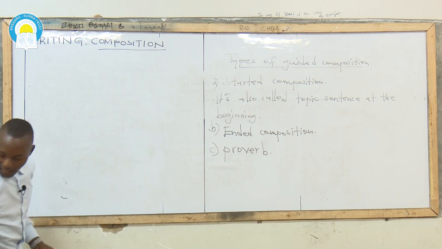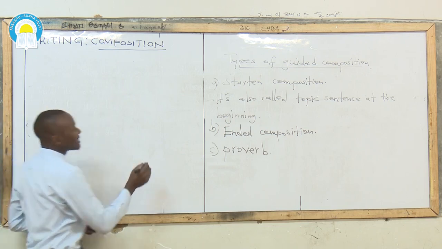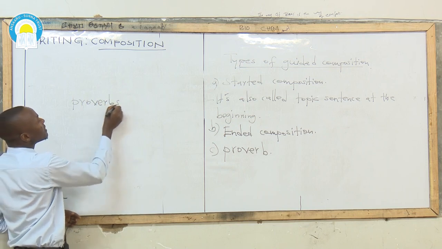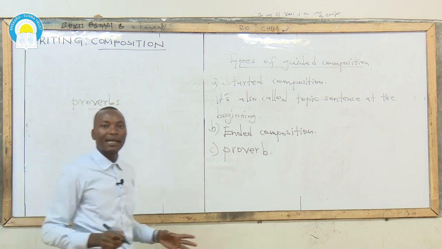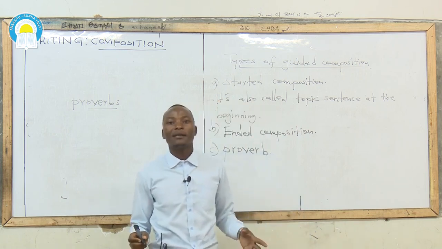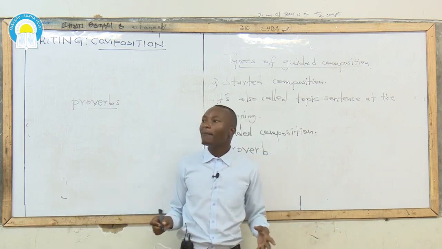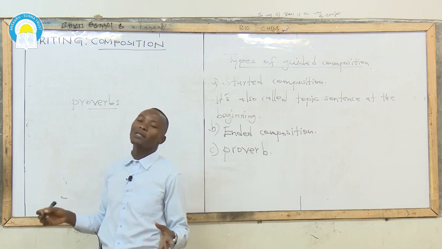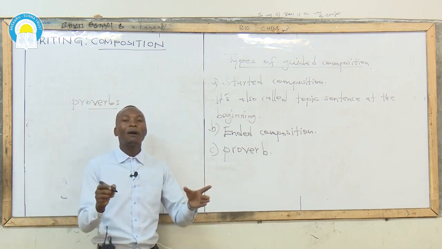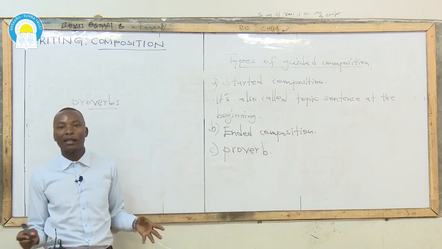Now, I would like to say this, that proverbs are some wise sentiments that have been there from time immemorial. We found the proverbs. They were made by some wise people who must have lived long time ago. And they are very educative. So the proverbs are the same in every part of the world.